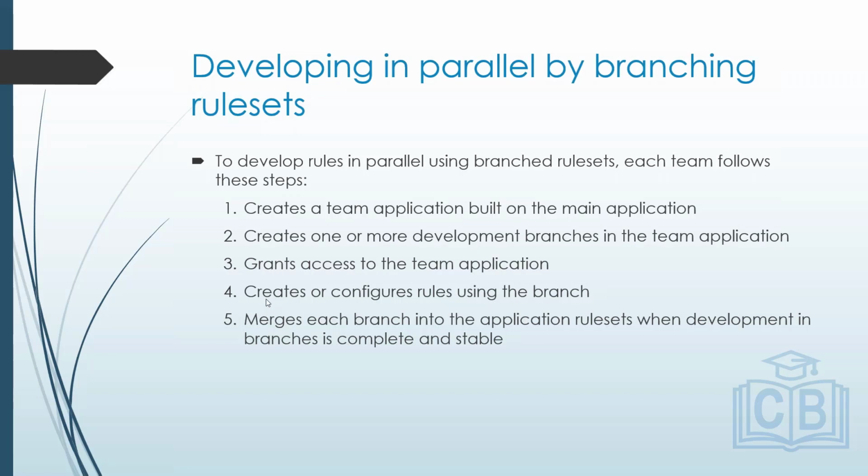The last one: once your development is complete, once you make sure your requirement is satisfied, you tested it and everything is good, then we have to merge this into the main application. So we merge the branches into the main application and make sure the conflicts, if any, are resolved.